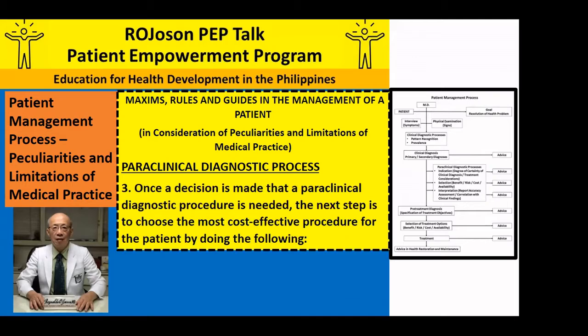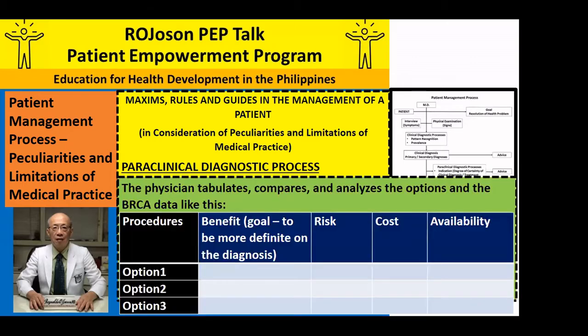Once a decision is made that a paraclinical diagnostic procedure is needed, the next step is to choose the most cost-effective procedure for the patient by doing the following. The physician usually or should tabulate, compare, and analyze the options listed on the first column and give the so-called BRCA data like this.